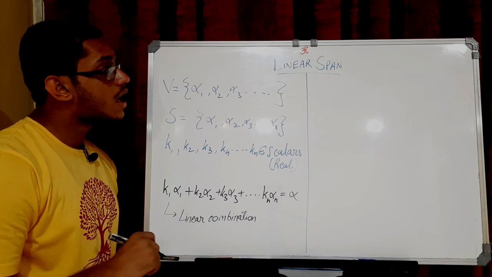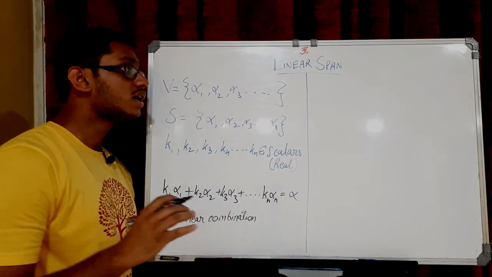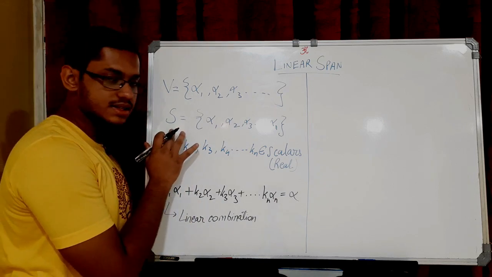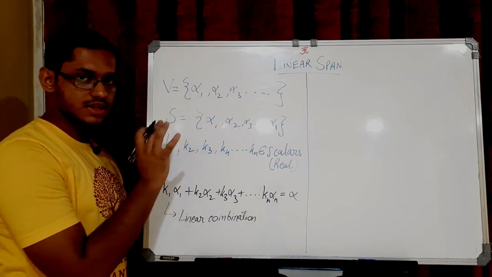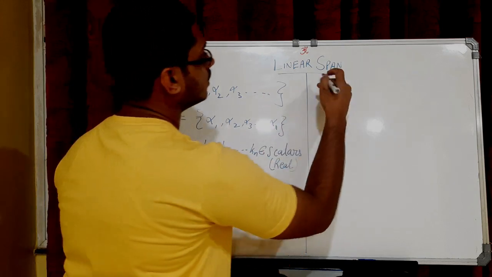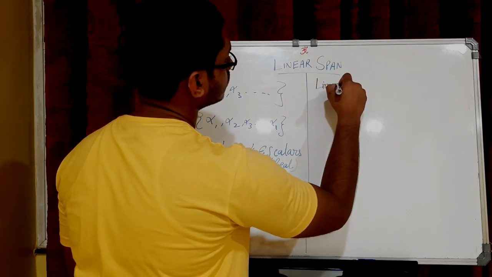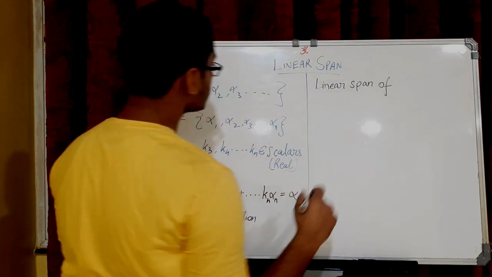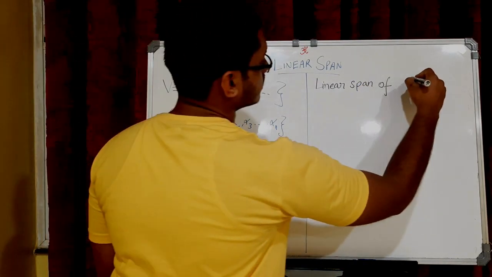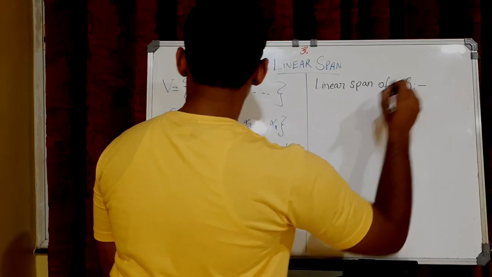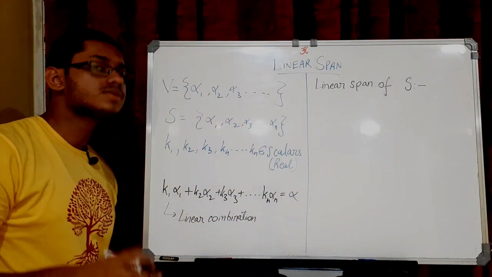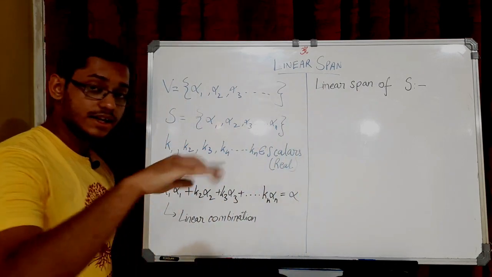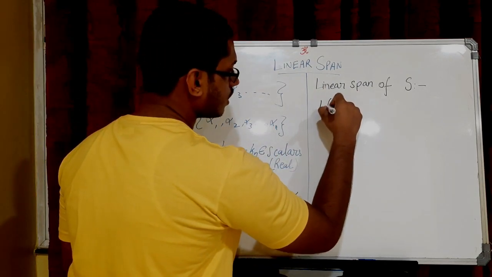Now see what is a linear span. This is a set S which is a subset of the vector space. Now we will see the linear span of S. Always it is a linear span of something, so we are considering it as S. It is denoted by LS.